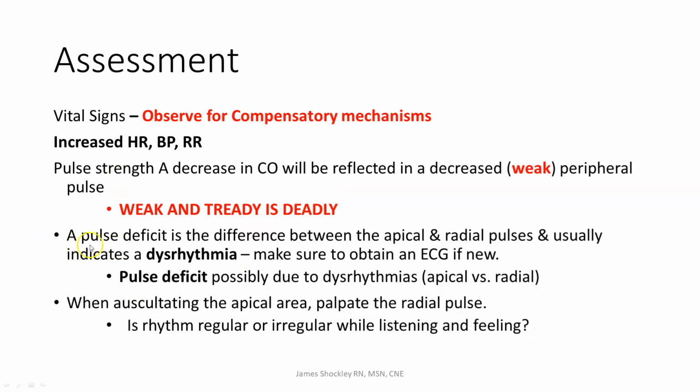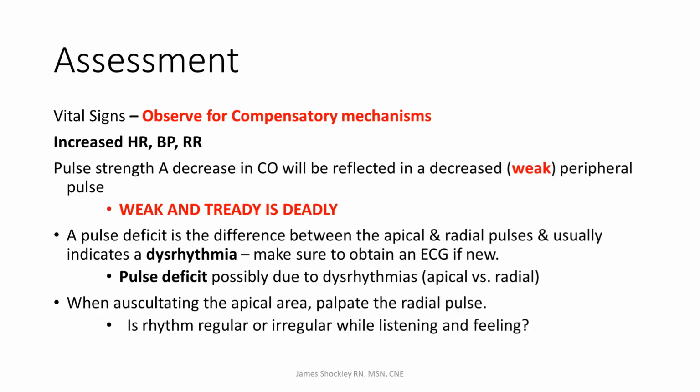So we can look at a pulse deficit, which is the difference between the apical and radial pulse. Usually, this can indicate a dysrhythmia. So I want you to think about your clients who were admitted and they have either a new diagnosis or a recurrent diagnosis of atrial fibrillation.